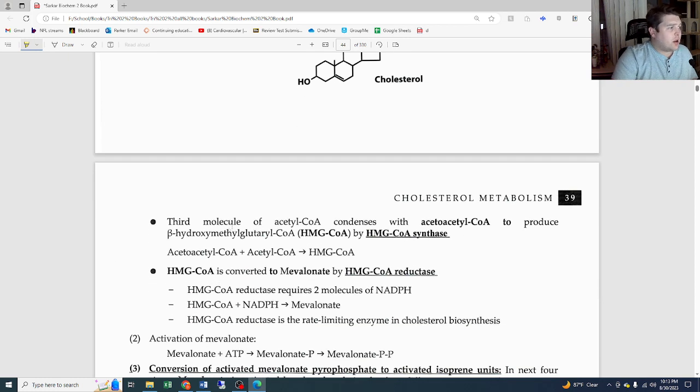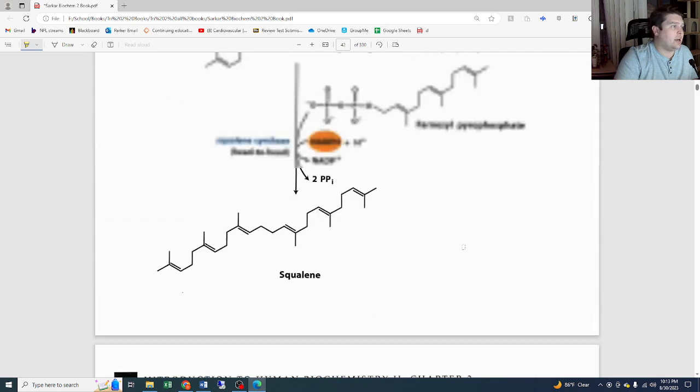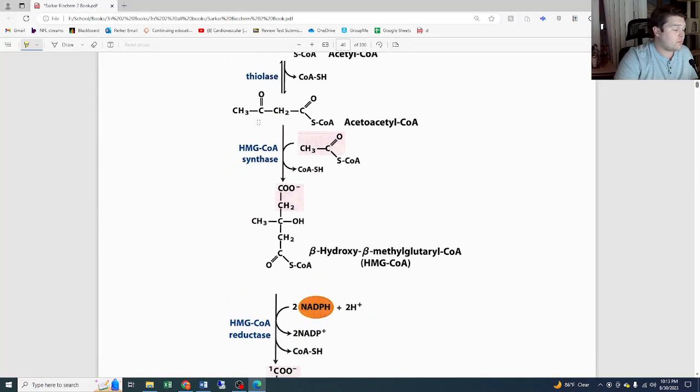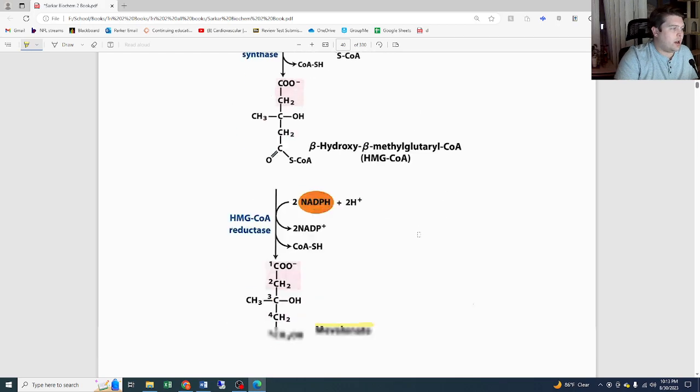So here, the third molecule of acetyl-CoA condenses with acetoacetyl-CoA to produce beta-hydroxymethyl-glutaryl-CoA, also known as HMG-CoA, by HMG-CoA synthase. So that right there is talking about right here. It becomes HMG-CoA.